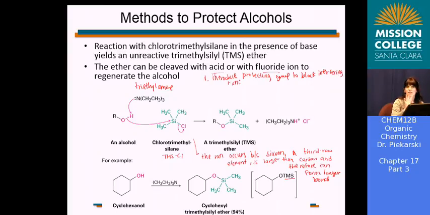Like I don't want the Grignard to react with the acidic proton. I want it to react with my carbonyl. The second thing you do is carry out the desired reaction, so I'm going to run my Grignard with the protecting group in place. And then the third step is to remove the protecting group.